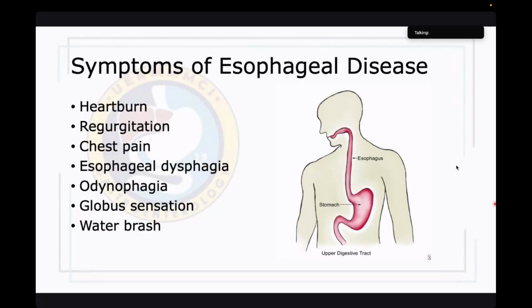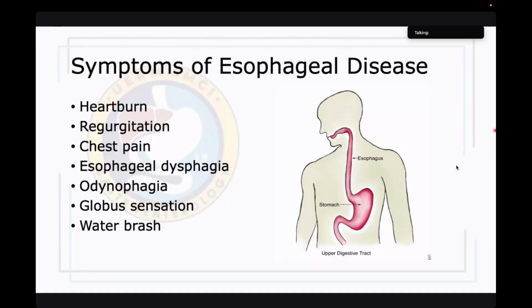Next, we have chest pain. The chest pain of esophageal disease is similar to pain of cardiac origin, like there may be radiation to the back or to the arms. So you should always be careful in patients with chest pain.